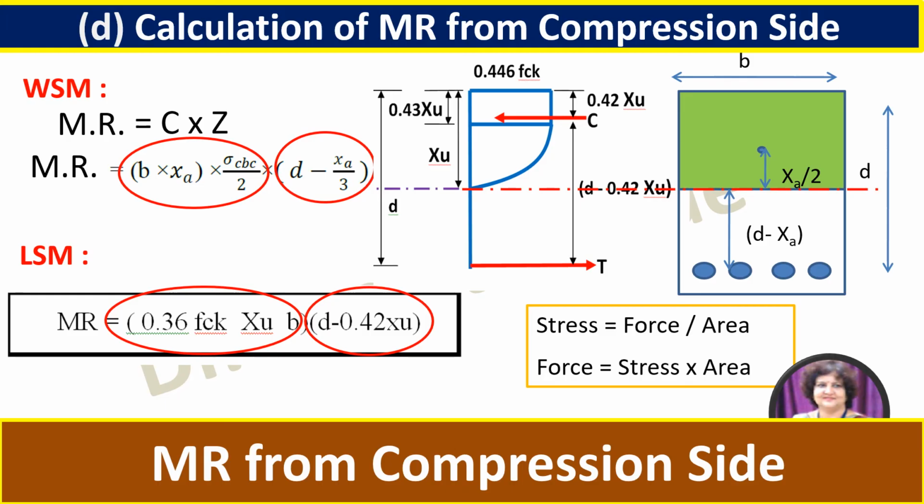FCK we can read from the grade of concrete. For example, if the grade of concrete is M25, then FCK will be 25. So this is how we calculate the moment of resistance from compression side using working stress method and limit state method.